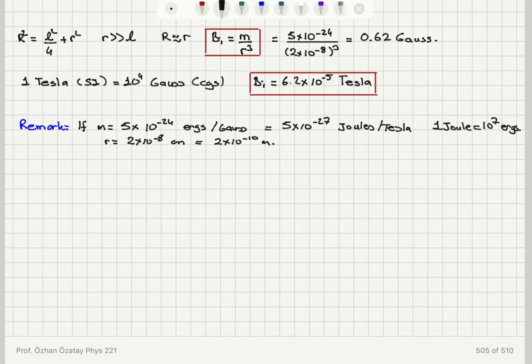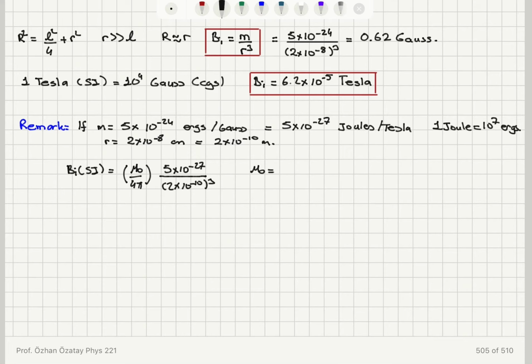The magnetic field you will calculate is going to be given by, in SI units, the conversion between the magnetic field H that we calculate this way and the magnetic field in SI units, which is mu 0 over 4 pi multiplied by 5 times 10 to minus 27 divided by 2 times 10 to minus 10 cube.